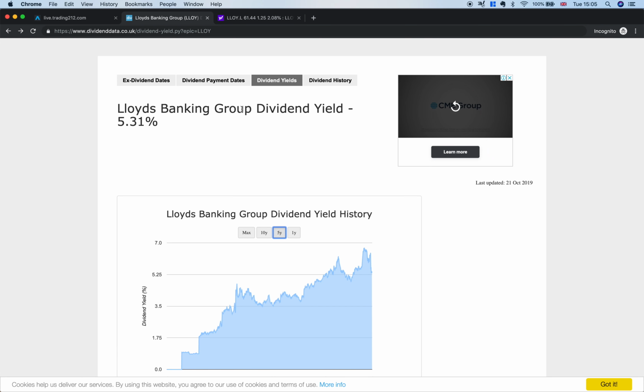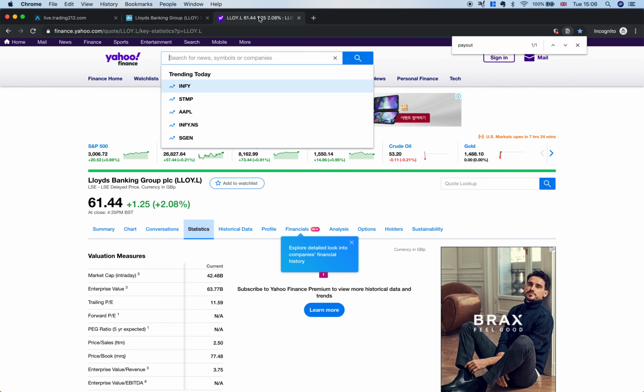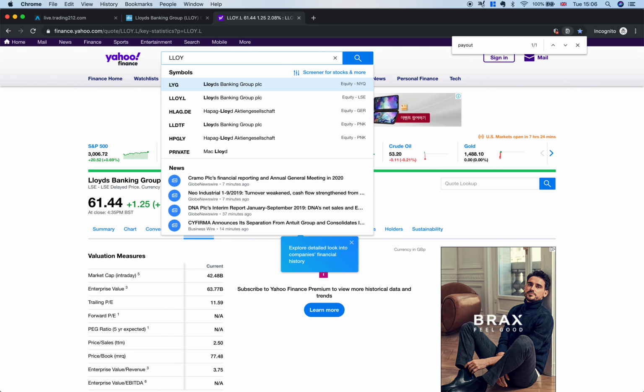So to have information such as the payout ratio, remember that's what we looked at in the beginning with the Seeking Alpha website, but for UK stocks, it's not possible to do on this website. This is just based on dividend yields. So if we go to Yahoo Finance, which, believe it or not, Yahoo is good for something, we can enter Lloyd's ticker symbol.